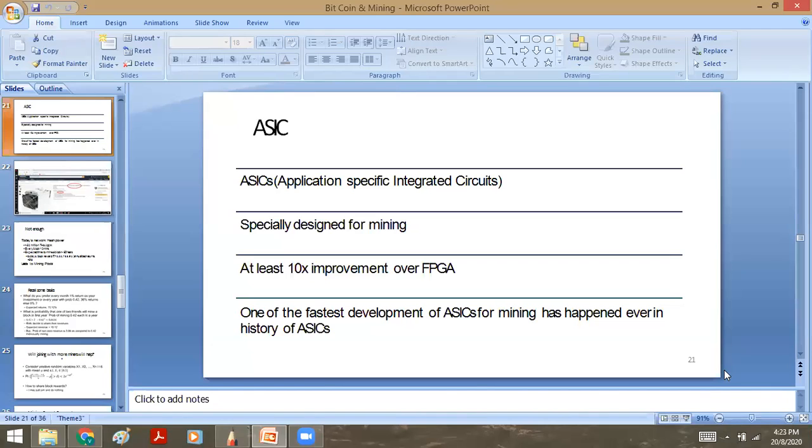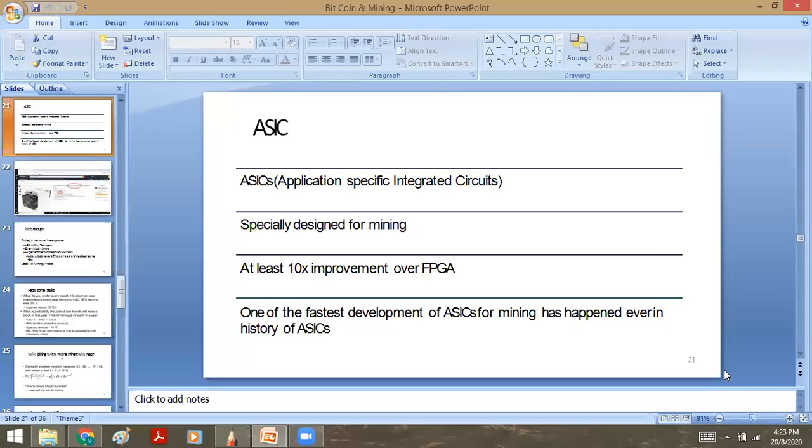Today there are microprocessors and chipsets specially designed for mining itself. This innovation is again by China, because it is the manufacturing hub of the world. China took this as an opportunity and designed application specific integrated circuits. At least 30% of Bitcoin mining happens in China, because the hardware is cheap and lots of people bought nodes and are mining the currency.